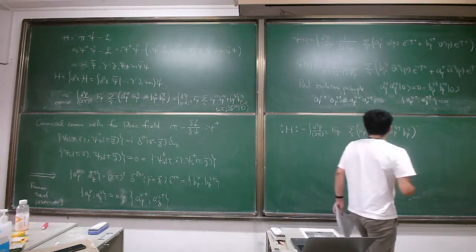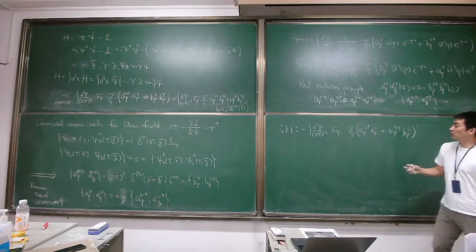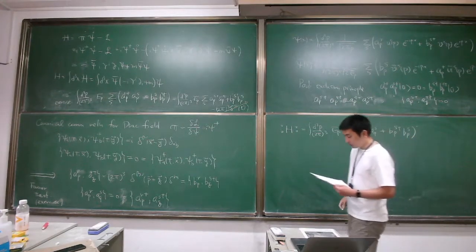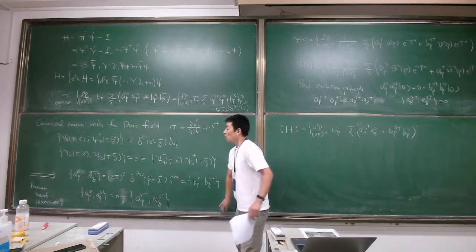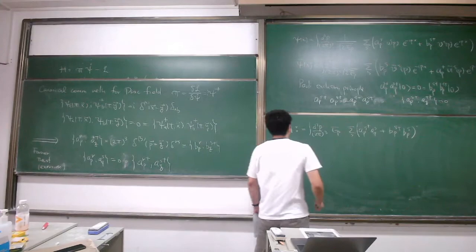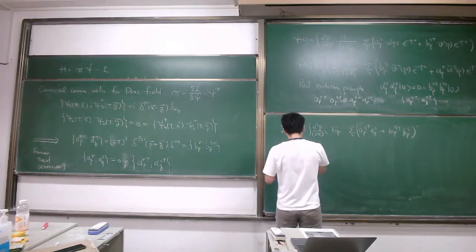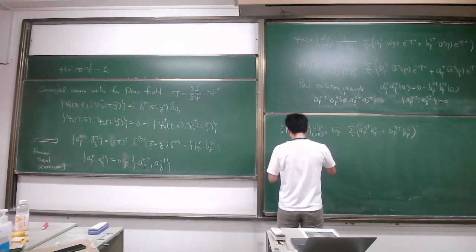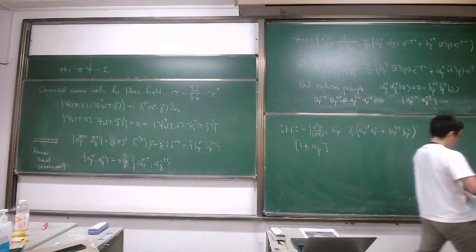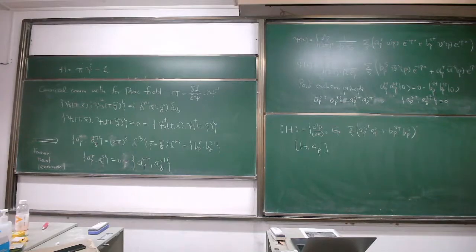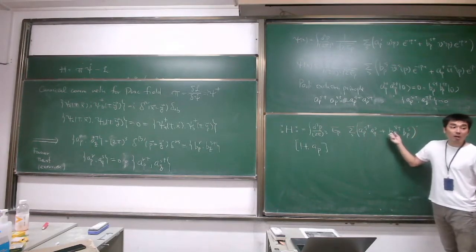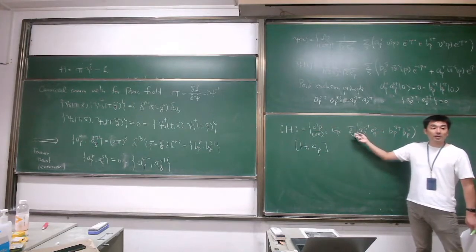And then here, even though you need to impose the commutation relation like here, if you just consider the commutation relation between the operators themselves, you have to consider it carefully. Here, A and B are fermionic operators.